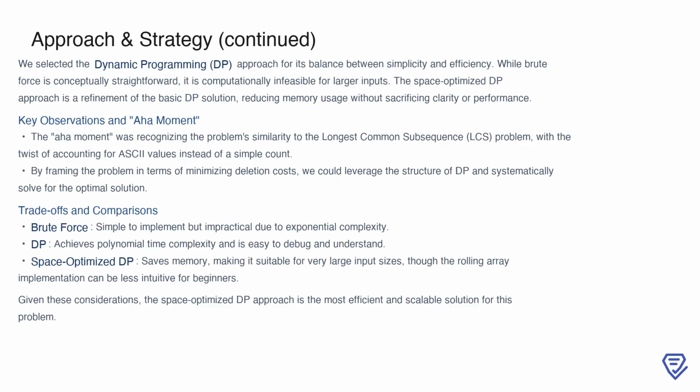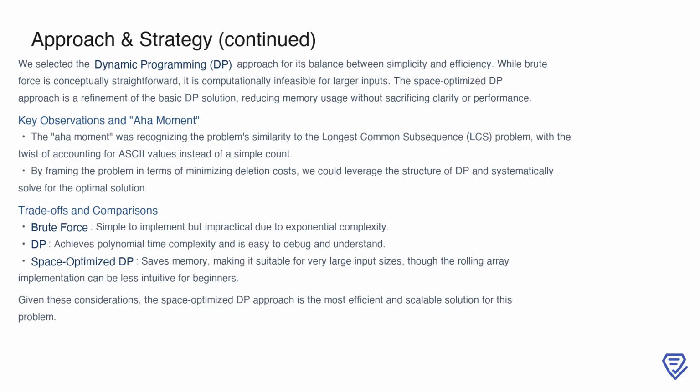While the brute force approach is conceptually easy to understand, its exponential complexity makes it computationally infeasible for larger inputs. On the other hand, the space-optimized DP approach builds upon the standard DP solution by reducing memory usage, making it more suitable for scenarios with large input sizes. However, its rolling array implementation can be slightly less intuitive for beginners.